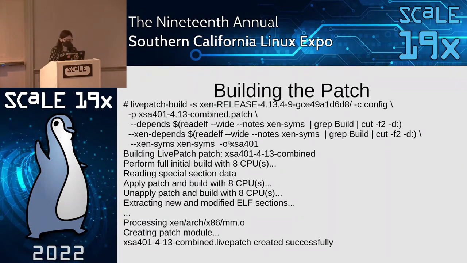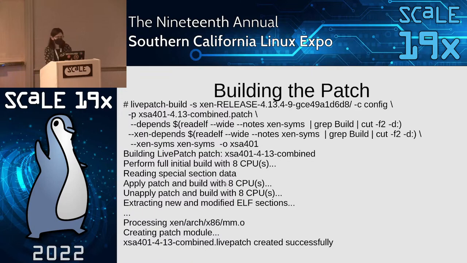And then finally I give it the output directory. So building my live patch, it builds everything. It has this reading special section data, which will do things like, I believe, pull the size of the alternative instructions, among other things. I didn't look at it in that much detail.